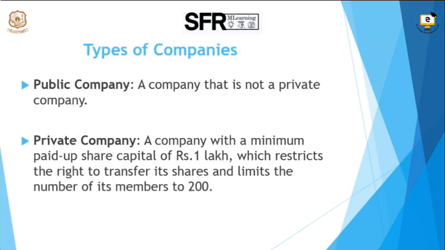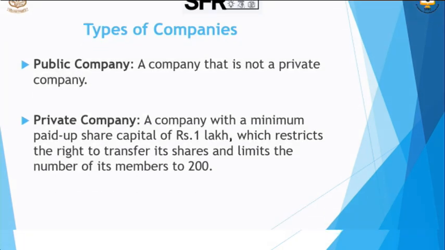Types of companies under this act. A public company is a company that is not a private company. A private company is a company with a minimum paid-up share capital of rupees 1 lakh, which restricts the right to transfer its shares and limits the number of its members to 200.